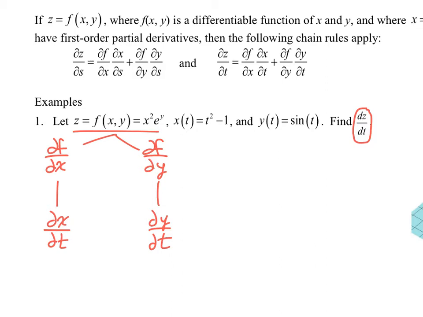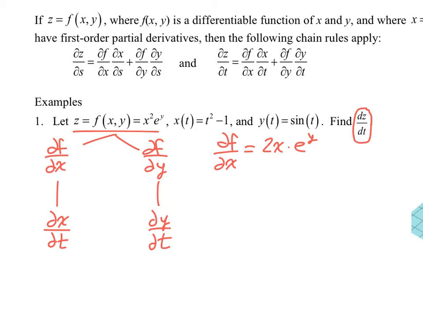So what I would do at this point is take a look at my ingredients and say, okay, these are the things I need. My first order partial with respect to x is going to be 2x times e to the y, because e to the y we're treating as constant. There's no x in the e to the y, so e itself is a number. That's like saying 2 to the third.